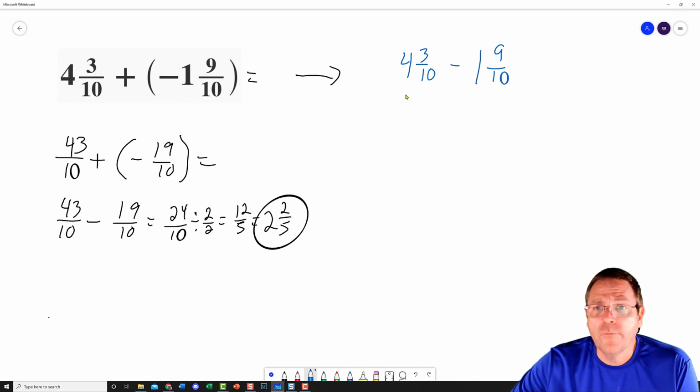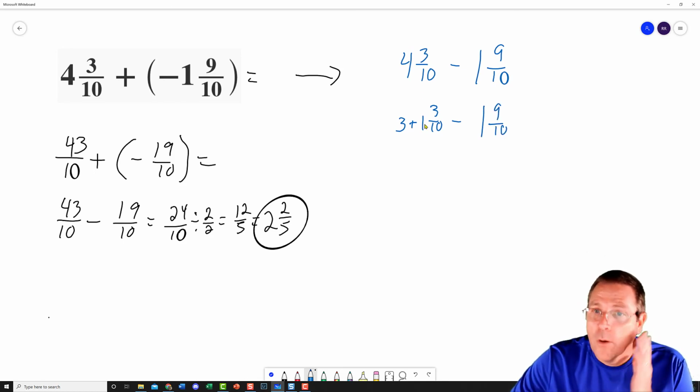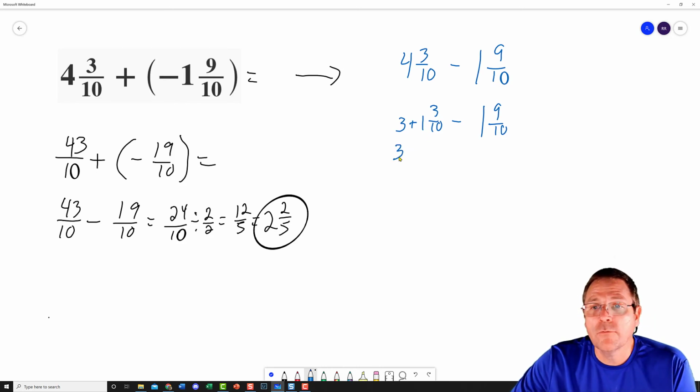I'm going to borrow from the 4, making it a 3, plus 1 and 3/10 minus 1 and 9/10. So the 3 plus 1 is 4. Well, that 1 is the same thing as saying 10 over 10. So now I could write that as 3 plus 10 over 10 plus 3 over 10 minus 1 and 9 over 10.